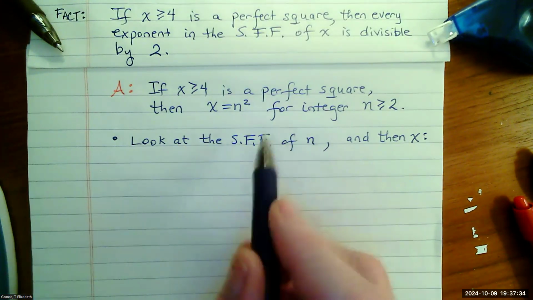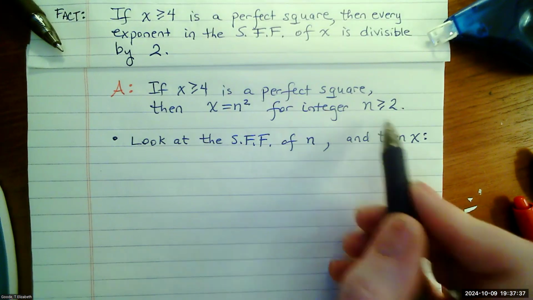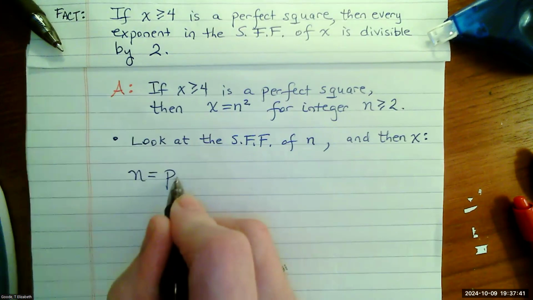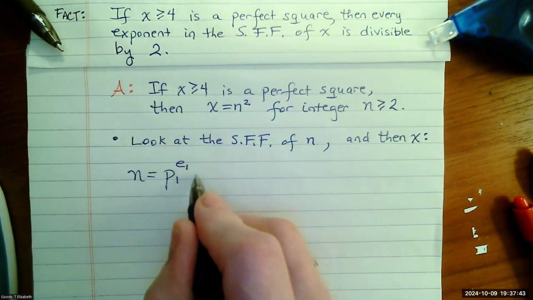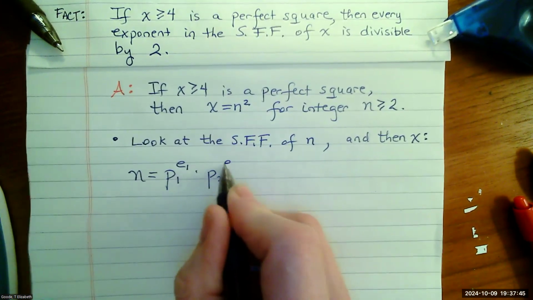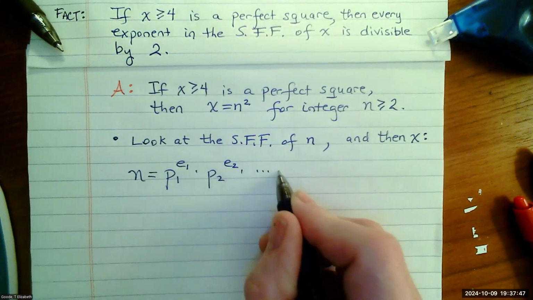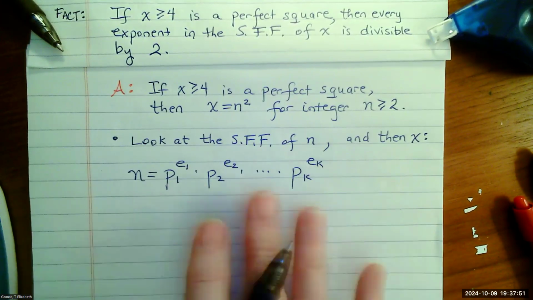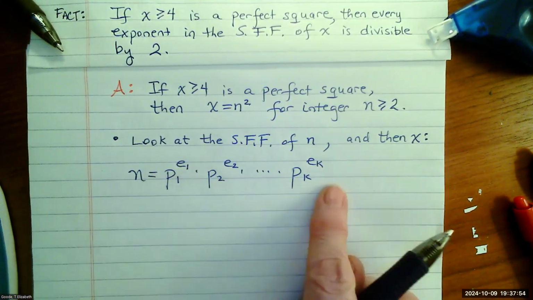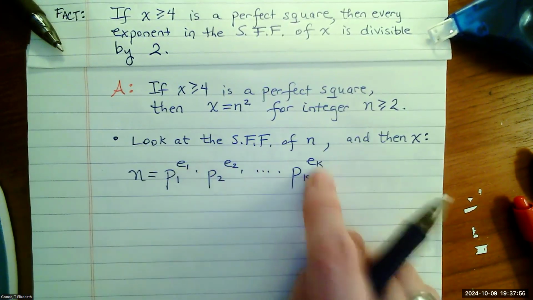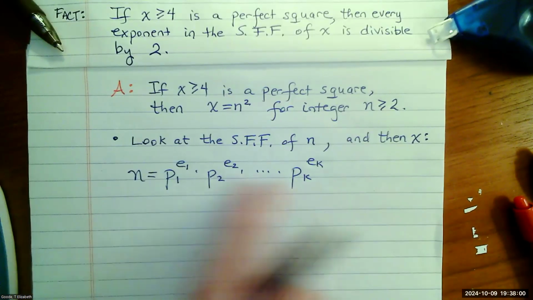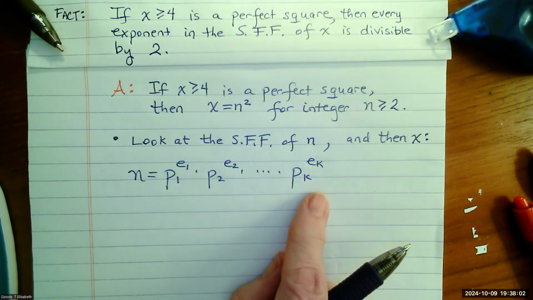All right, so first let's look at the standard factored form of n. N is at least as big as 2, so it's got one. So n is equal to p1 to the e1 times p sub 2 to the e sub 2 times dot dot dot times p sub k to the e sub k. I'm not going to write all the other stuff. We know that the p's are prime and that the exponents are positive integers, and that the primes are written in ascending order by size.